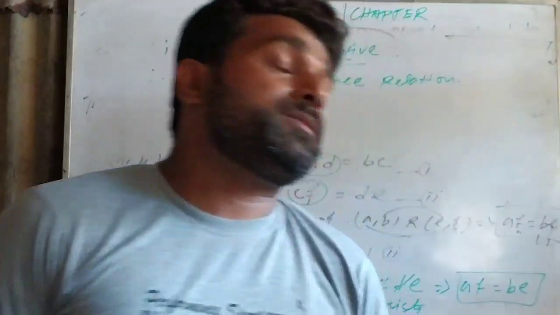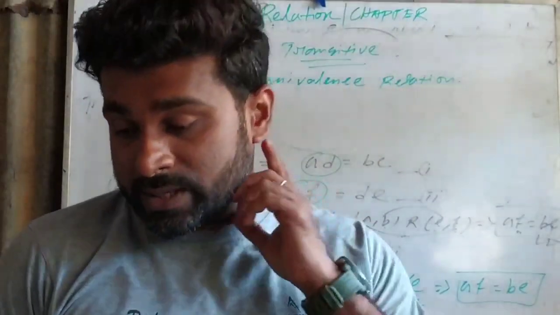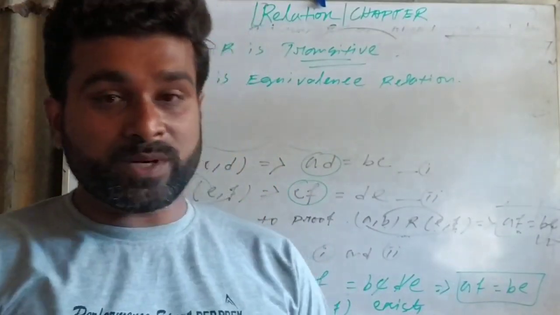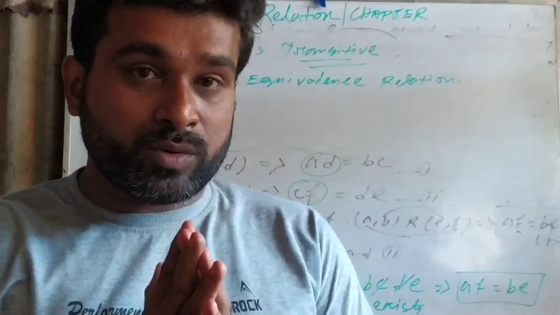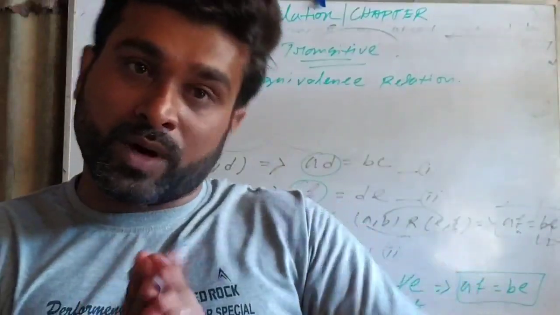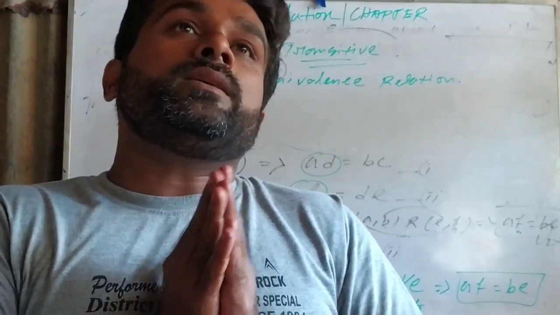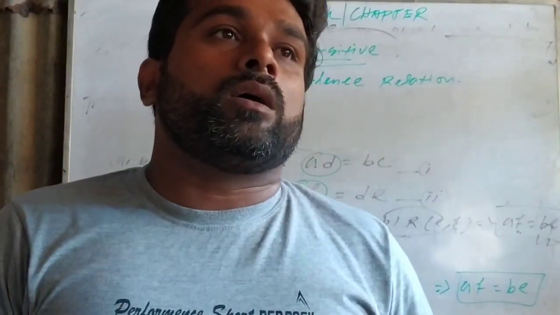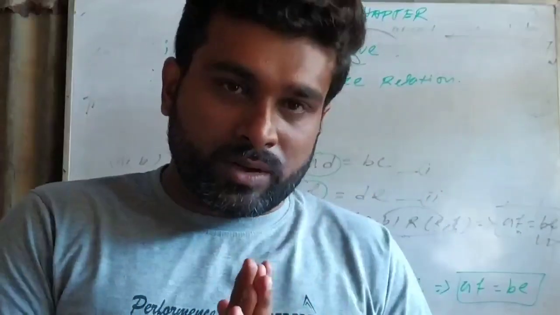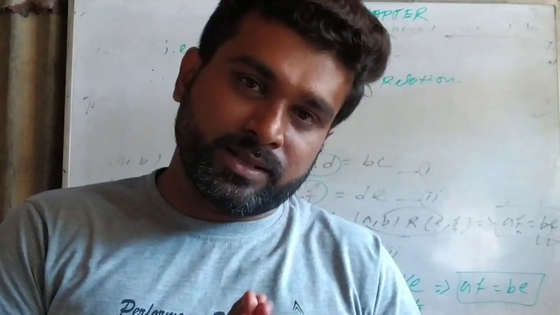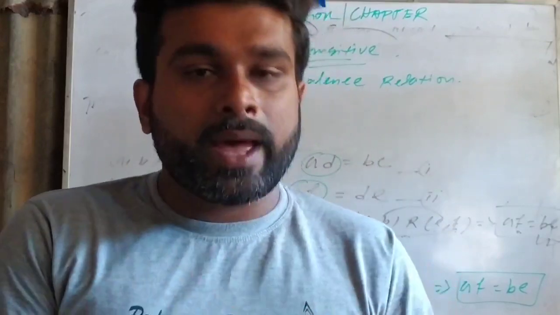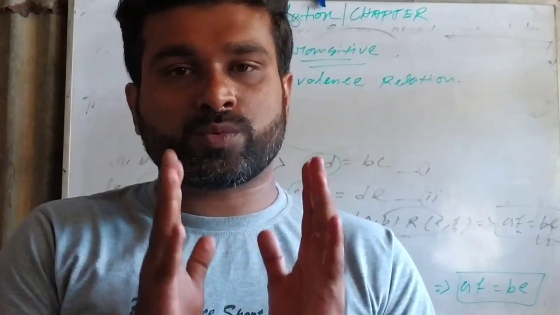Here you can see the reflexive, symmetric and transitive properties are discussed in one question. The difference between the previous questions and this question is that in the previous questions, the elements were given in singular form and the set was given in singular form, but here the elements are ordered pairs and the set is the cross product set.